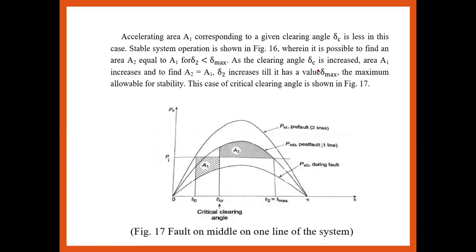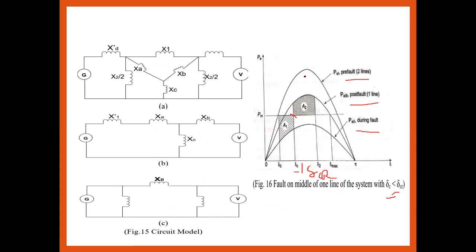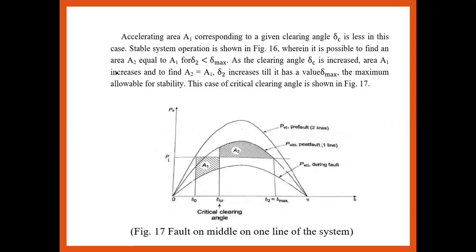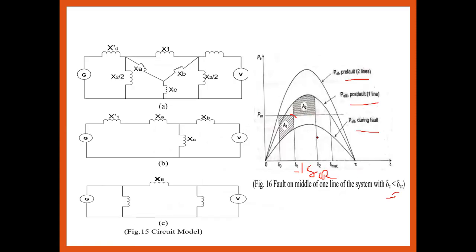As the fault clearing angle increases, means what? We are increasing delta C now. Now if you increase delta C, obviously the area increases, and we find that A2 should be equal to A1, and that delta 2 increases till the value of delta max. Here what happens to A2? In the first condition there was delta 2.